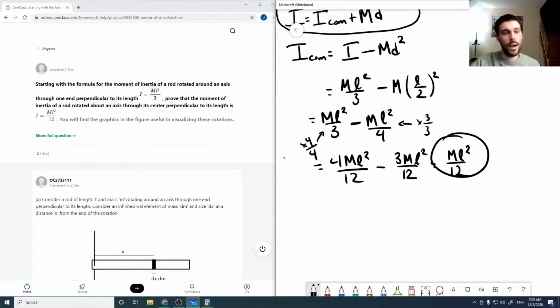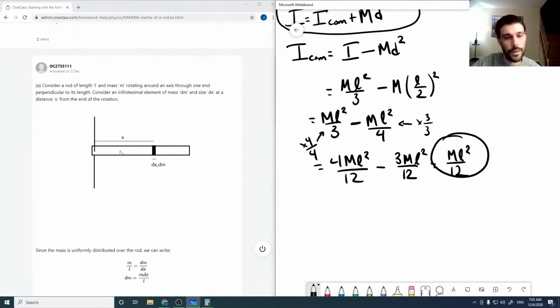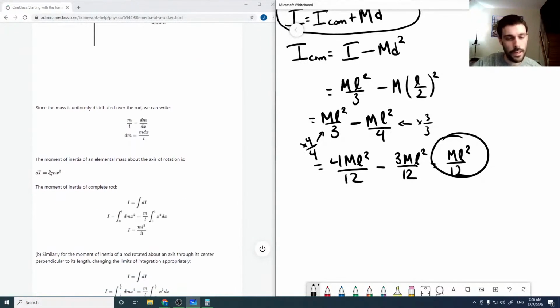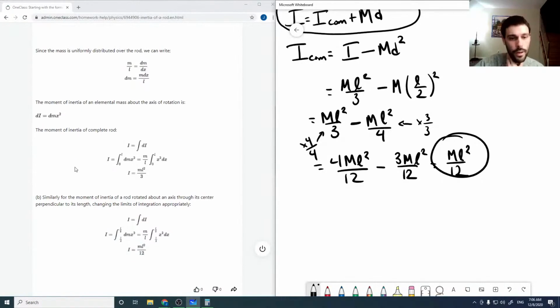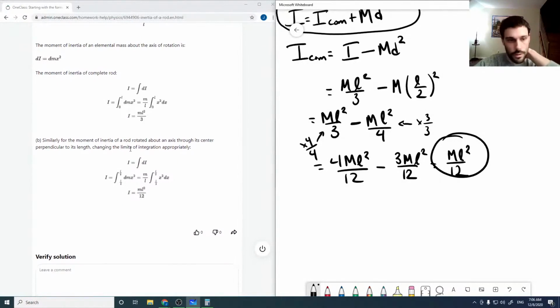Okay. So the solution here does the normal thing and sums up little dm's, so that's handy as well. So we can define our dm and go through and find the moment of inertia as the integral of dm r squared, and then with their definition, they get the moment of inertia for the rod from one end is ml squared over 3, which was given in the question.